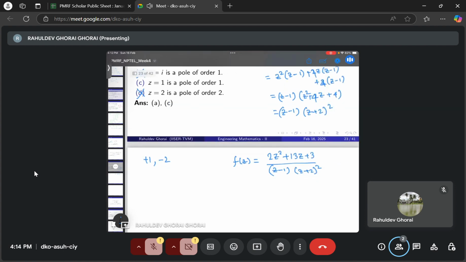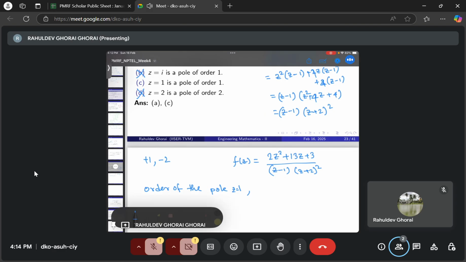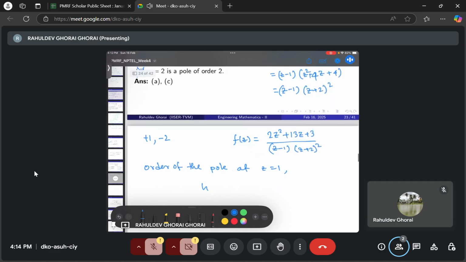So to know the order of the pole at z equal to 1, we will be taking the limit as z tends to 1, because it is of order 1, so it won't be problematic.